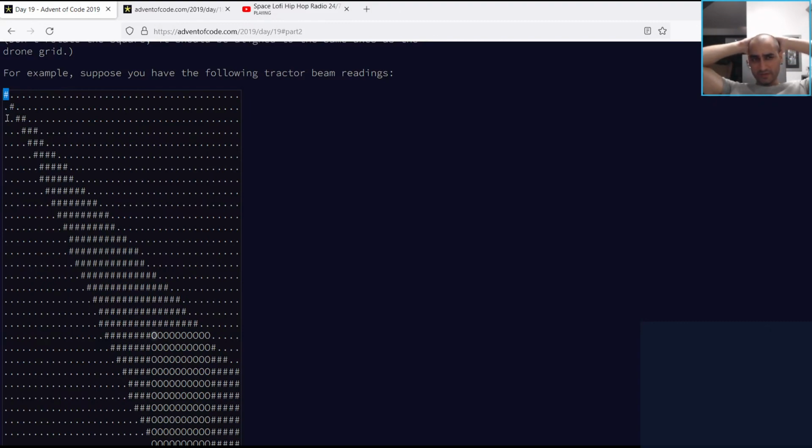Well, not really a breadth first search. A search where we either move right, down, or down right, depending on what we see. Okay. So, how does this work?